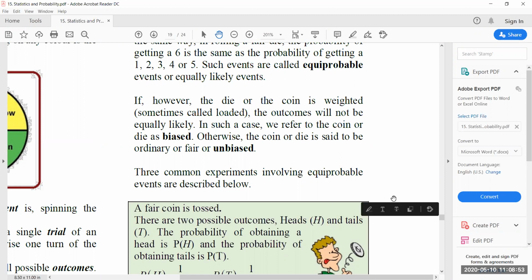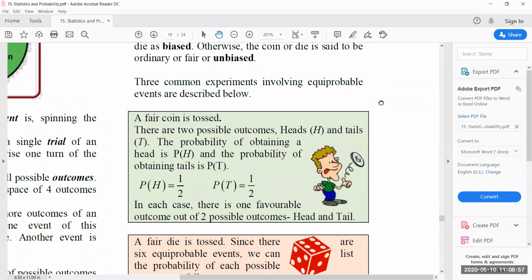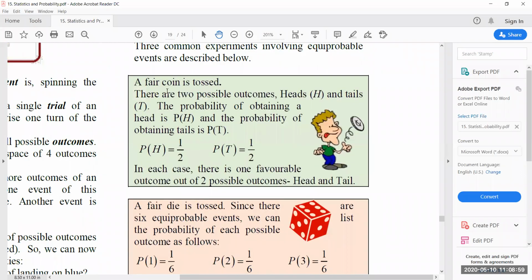So 3 common experiments involving equiprobable events are described below. A fair coin is tossed. There are 2 possible outcomes, heads, which is H, and tails, which is T. The probability of obtaining a head is P of H, and the probability of obtaining tails is P of T. So what is the probability of obtaining a head?